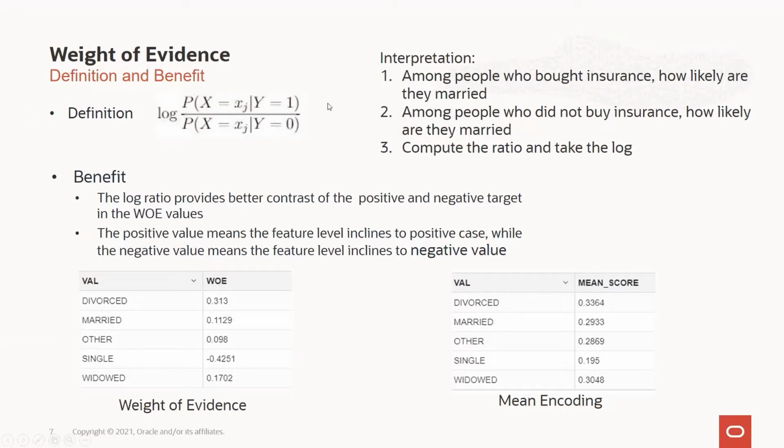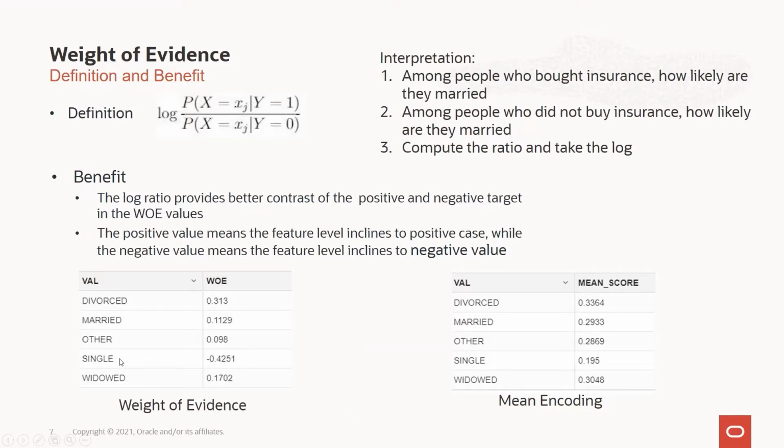impact. The reason why we create features is that we hope this feature can indicate whether this example belongs to positive or negative. So by taking the ratio and then taking the log, this gives a better contrast. So we can compare these values here. On the left, we have weight of evidence, and on the right is mean encoding.